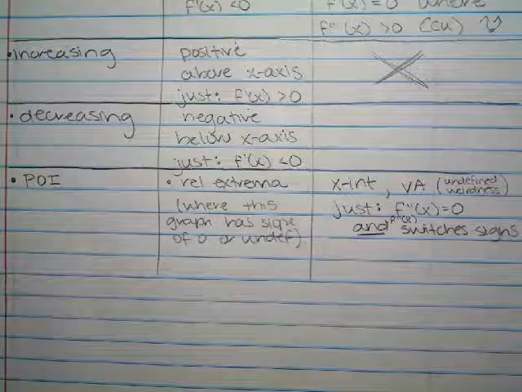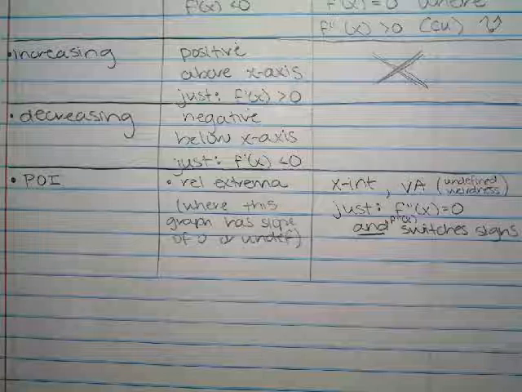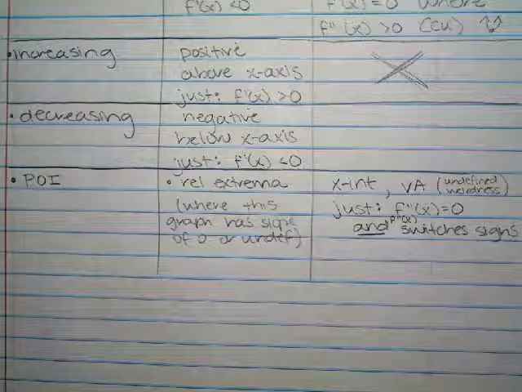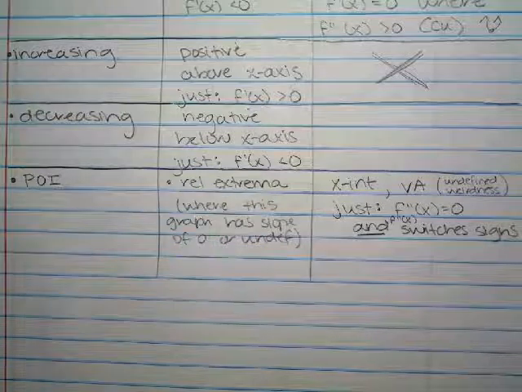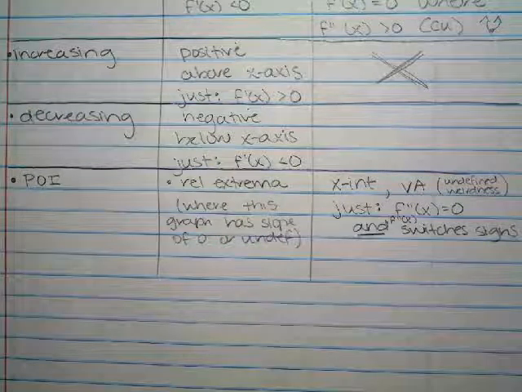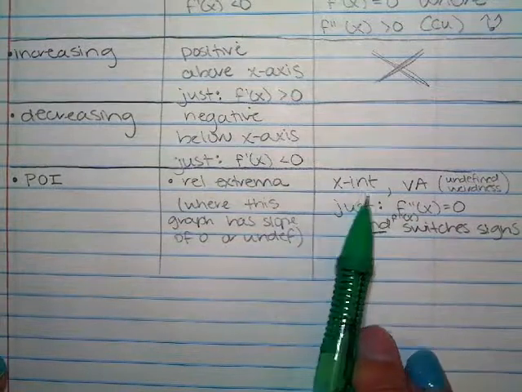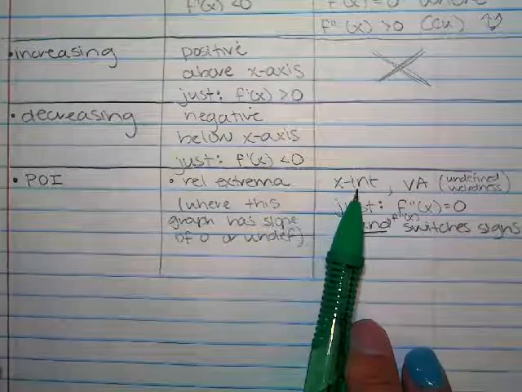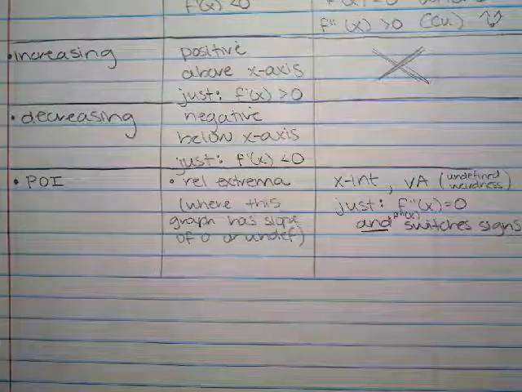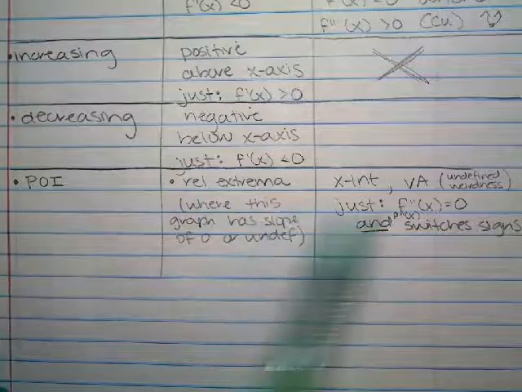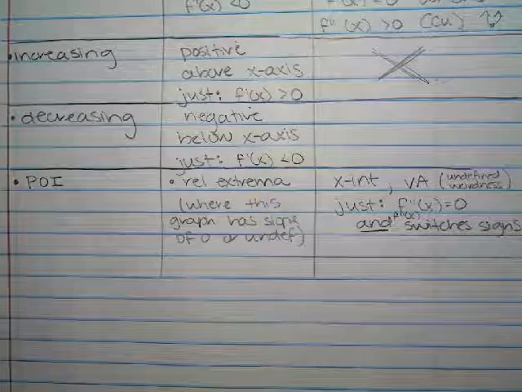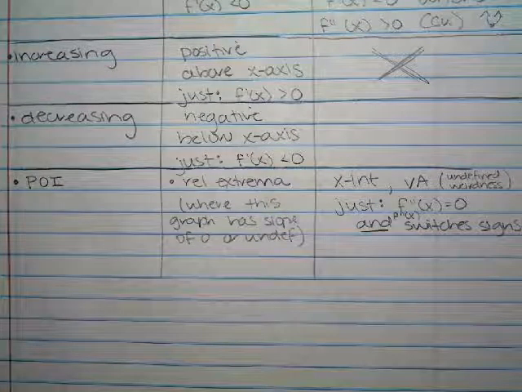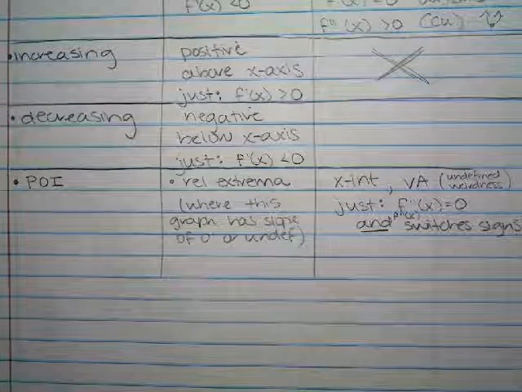But your relative extrema for your first derivative are going to end up being those points where you have those x-intercepts. Does that make sense? So that's how we're seeing these two things giving us the same answer over here at those points of inflection. That's where we're seeing that connection happen. Okay, how are your brains? Brains are good? Brains feel right? Okay, so what is our justification here?